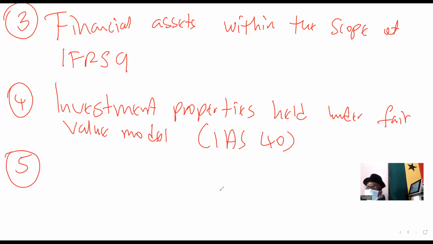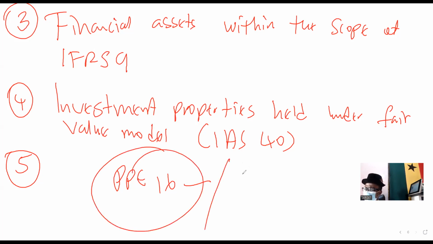Item number 5, that IFRS 5 doesn't talk about it. Please, at the final level, we cannot set questions solely on IFRS 5. It must be mixed. So if you check all IFRS 5 questions, either it's coming with PPE, IAS 16, sometimes it even comes with inventories.